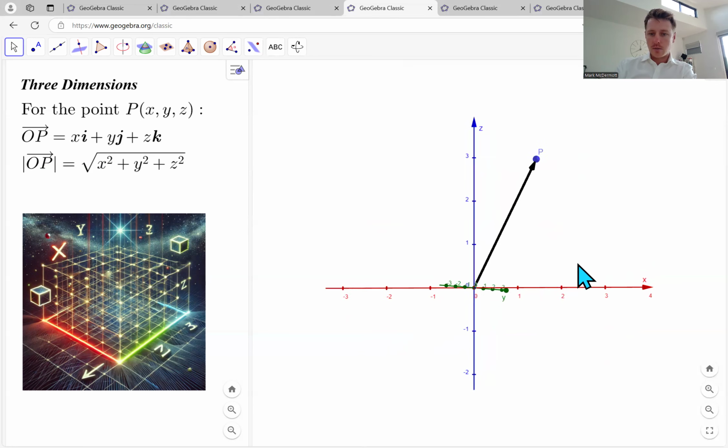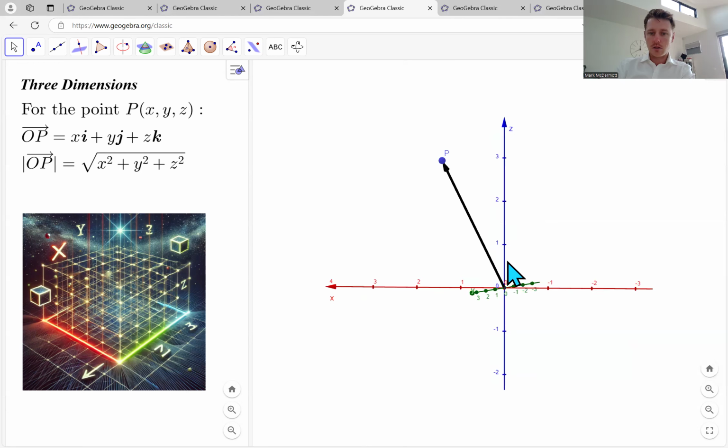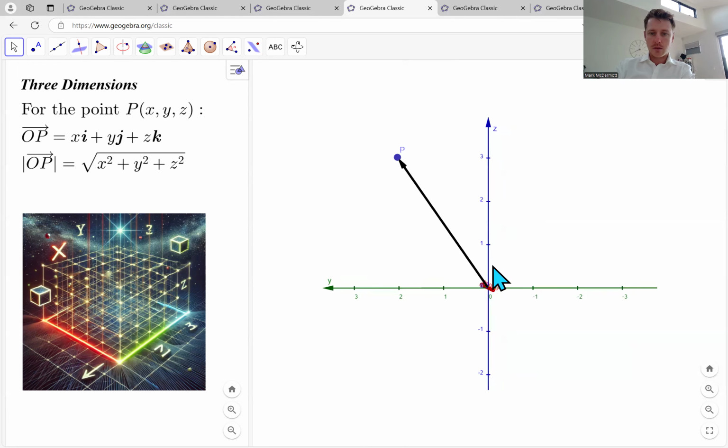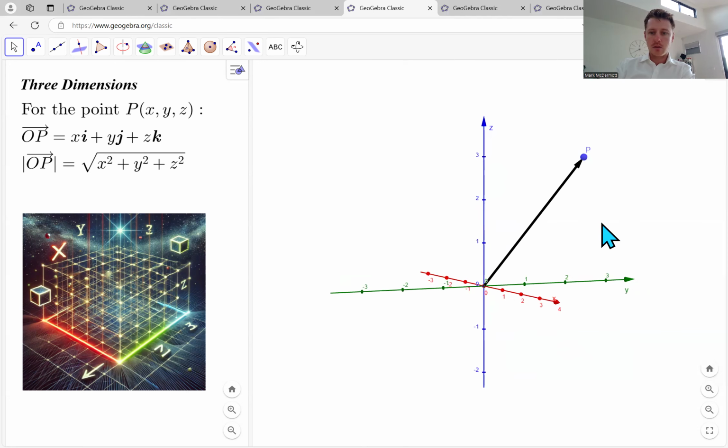And in this example, I think we can probably see that the x coordinate is 1. The y coordinate seems to be 2, just reading from here, and the z coordinate seems to be up here at 3. So in rectangular components, this particular vector would be i plus 2j plus 3k.